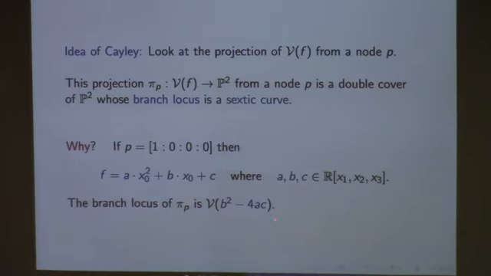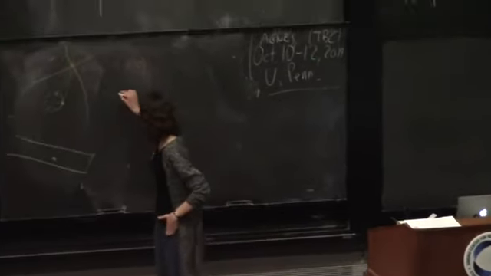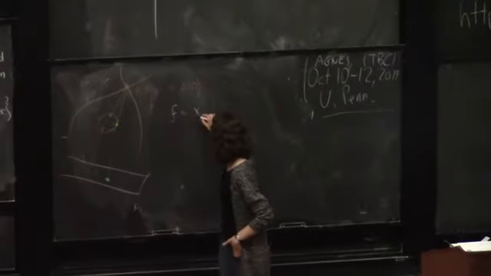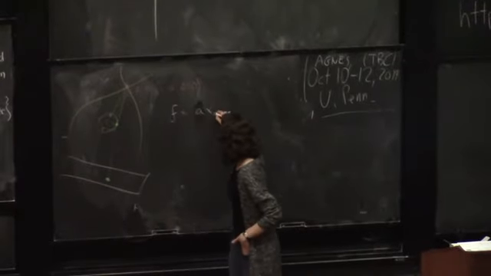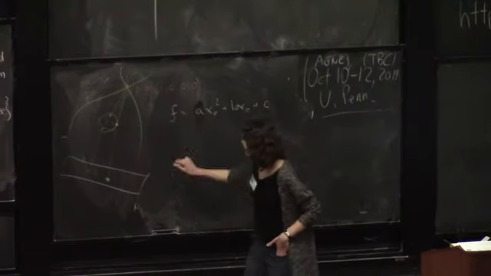So if you take b squared minus 4ac, this is degree 6. And that is the nice sextic branch locus of this map.